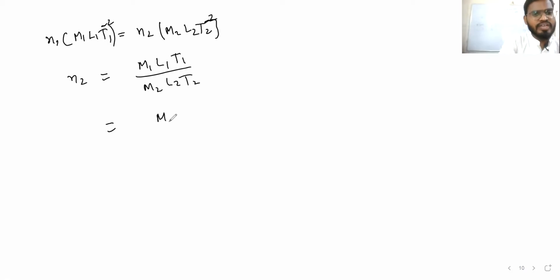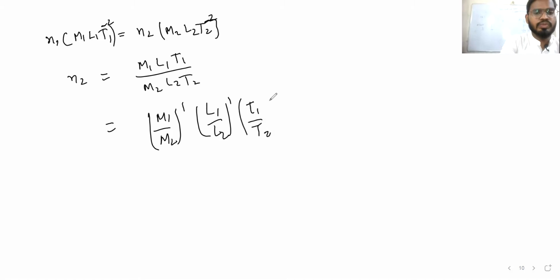So we can say M1 by M2 to the power 1, L1 by L2 to the power 1, T1 by T2 to the power minus 2.